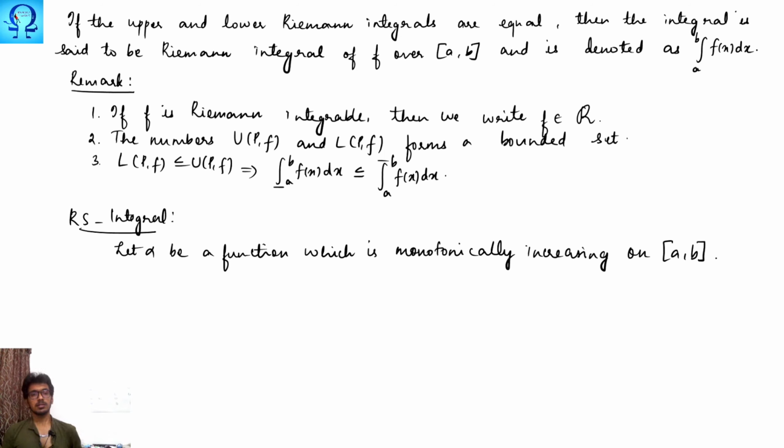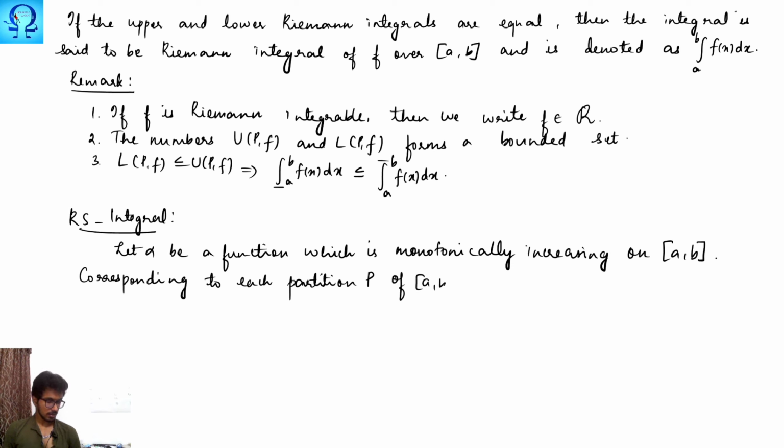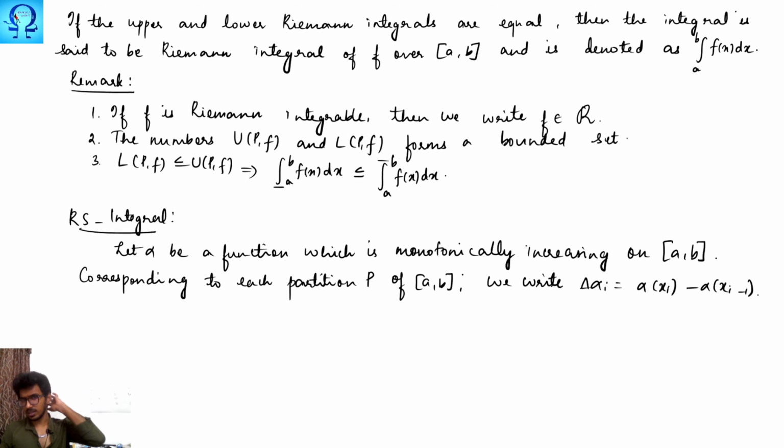Now here also you can find the partition and all those things, right? Corresponding to each partition P of the interval [a, b], we write delta alpha i to be alpha of x_i minus alpha of x_{i-1}. It is given that alpha is a monotonically increasing function.